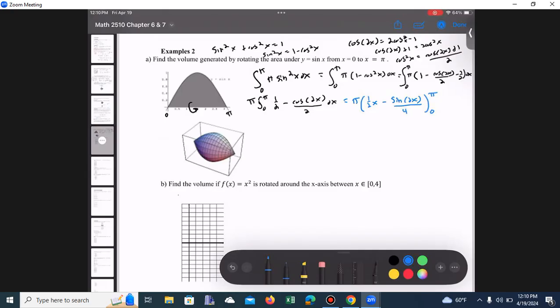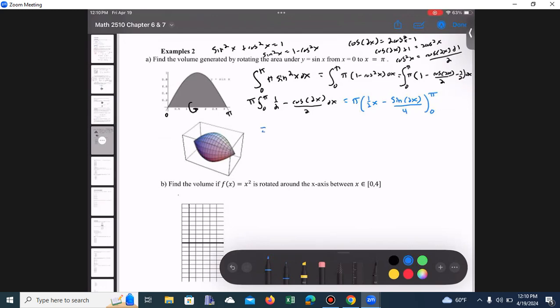Alright, so now we have to apply our limits. Notice that if you plug 0 into either one of these, you get 0. Sine of 0 is 0. 1 half times 0 is 0. So we don't have to worry about that bottom limit. That's always nice when that's the case.